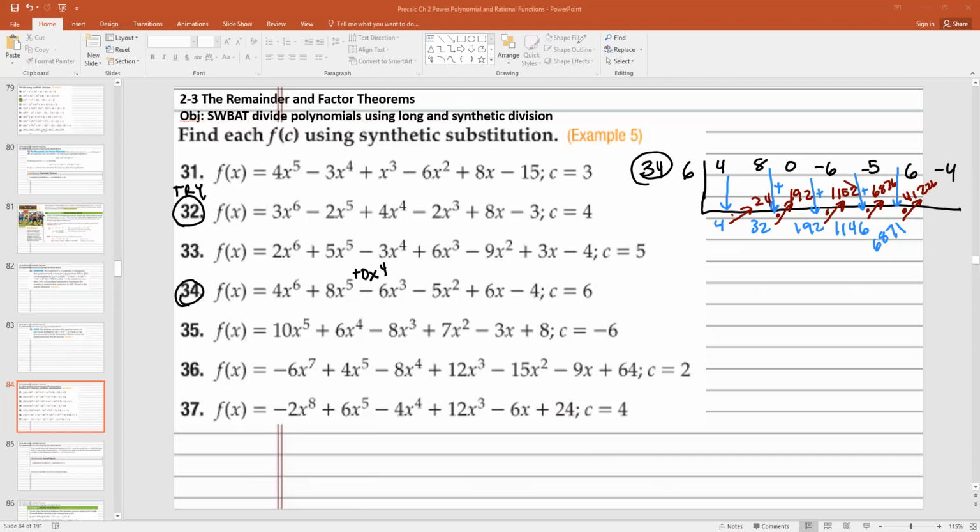All right. And then we're going to add 6, 41,232. Multiply.